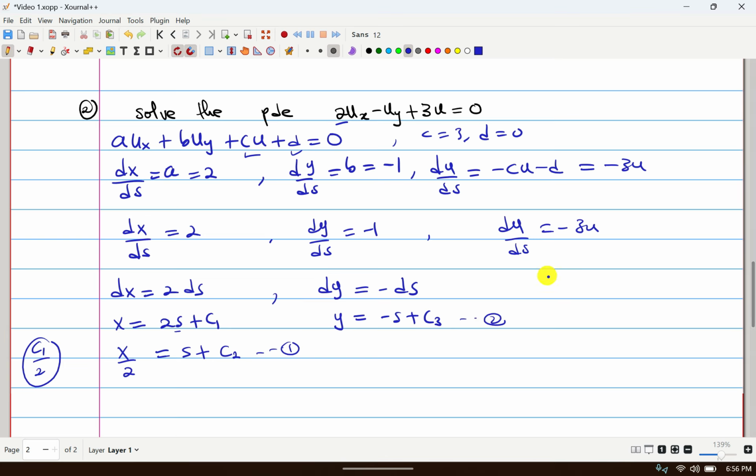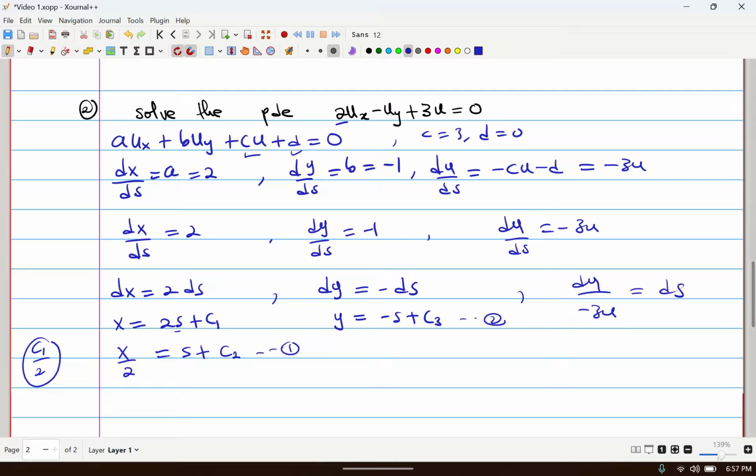And when you do the rearrangement for the other part, you have du over u, or 3u, depending on how you want to solve it. We just have du over, let's just do negative 3u, is equal to ds.